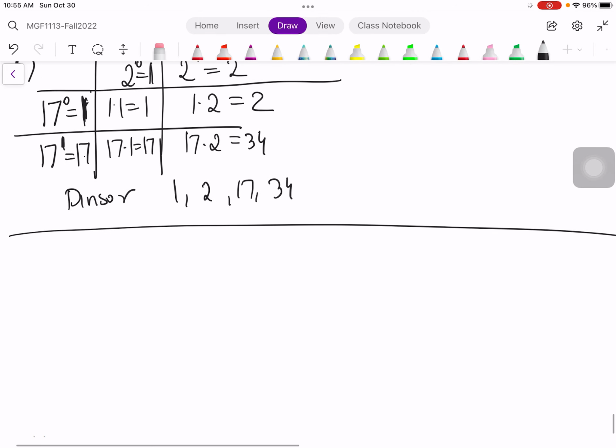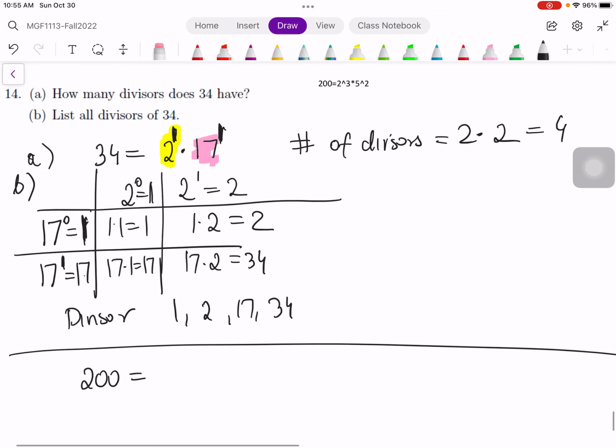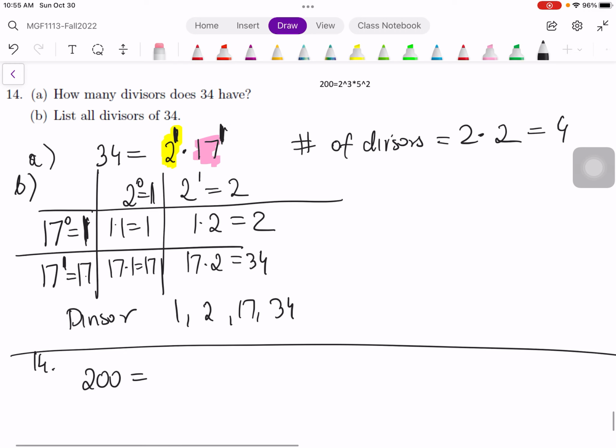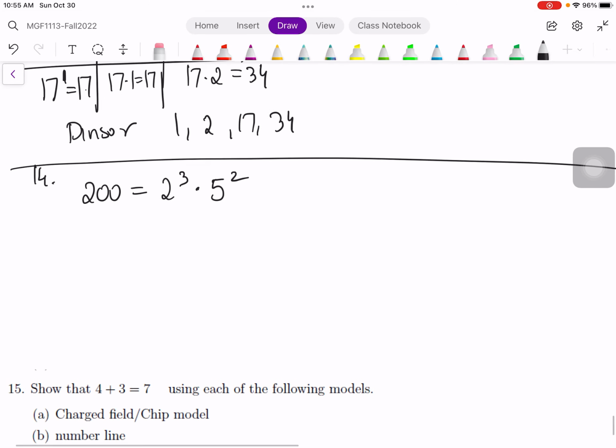Let's look at 200. 200 has prime factorization 2 to the power 3 times 5 squared, 8 times 25. So how many divisors does it have?